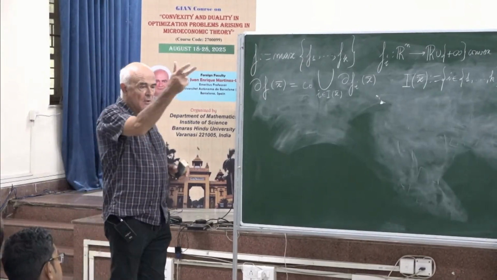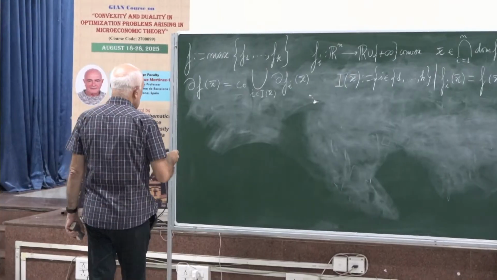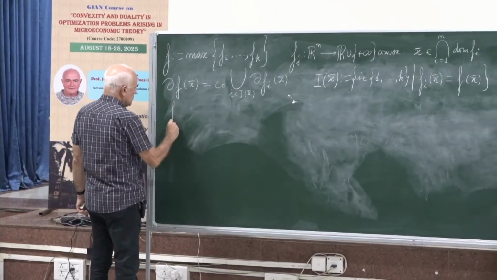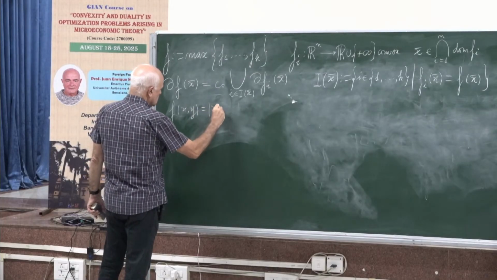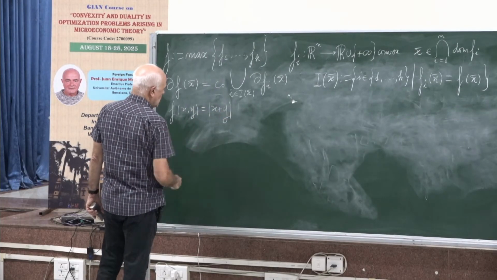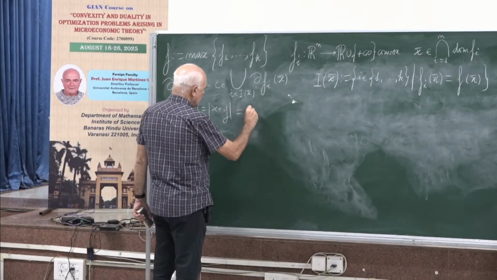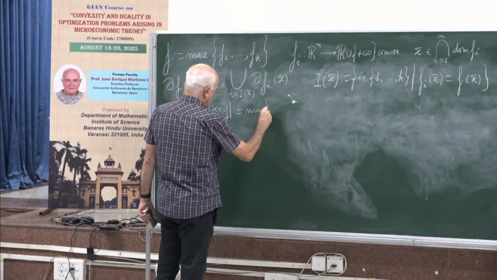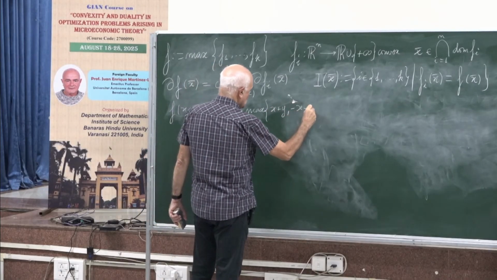Well, now we can use this to solve your problem. Because your function is f of (x, y) equal absolute value of x plus y. And this is the maximum of x plus y and minus x minus y.